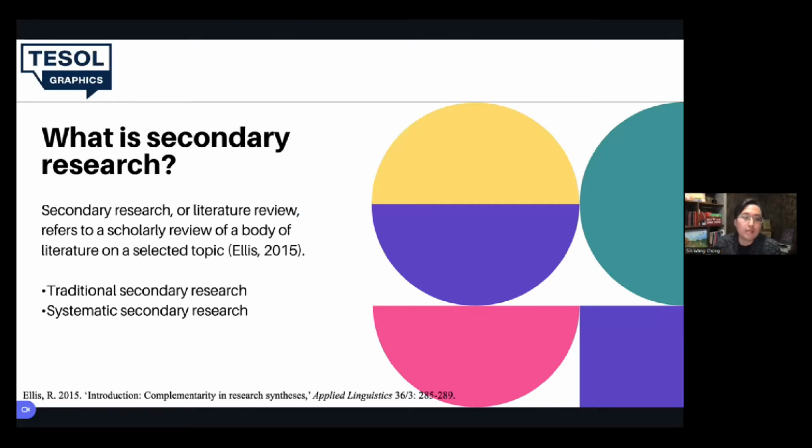And by secondary research, and when I say we, it's based on an article that is going to come out soon by Luke Plonsky and I in Applied Linguistics Review, where we presented a typology of secondary research in applied linguistics. In that piece, we use the term secondary research to refer to both traditional secondary research, for example, narrative reviews, and also more systematic secondary research, for example, meta-analyses and qualitative research syntheses.